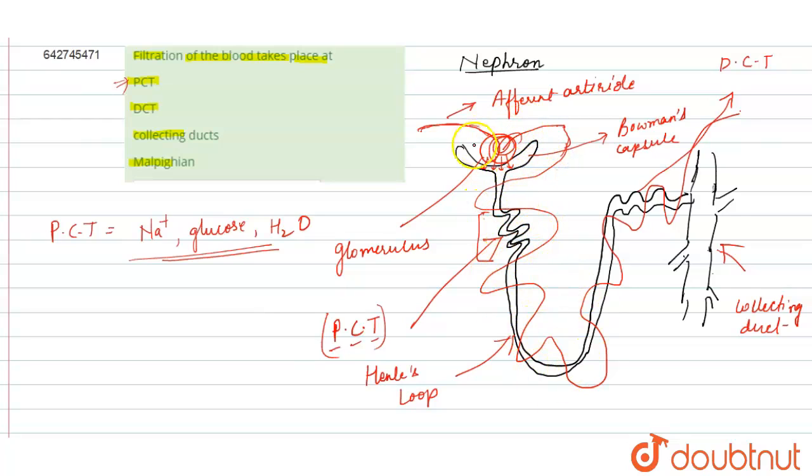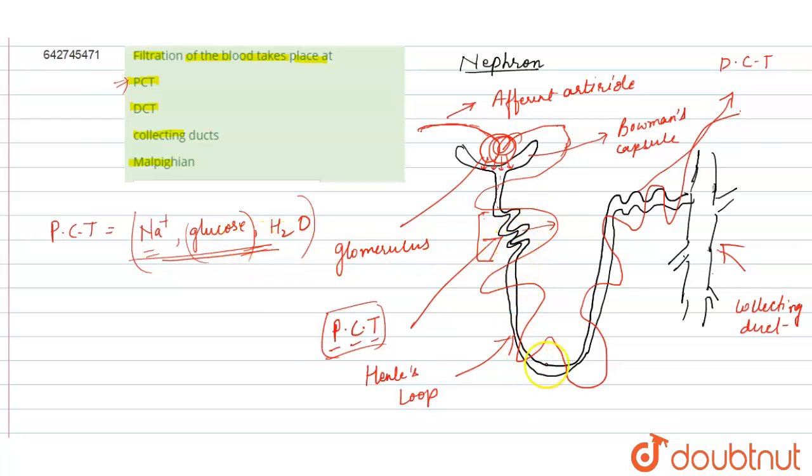Now, when these things come inside the Bowman's capsule, these again need to be reabsorbed, because these are some of the important things which the body requires. So, in the very first part, which is the PCT, these things will get reabsorbed by the capillaries. These are the capillaries into which these things will be reabsorbed.